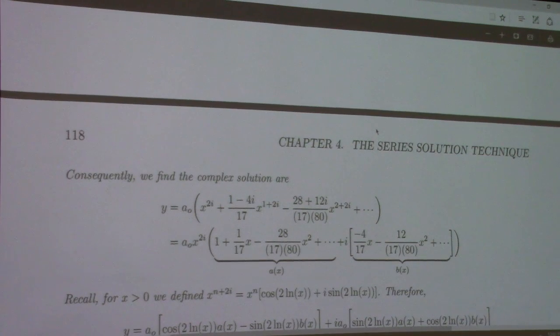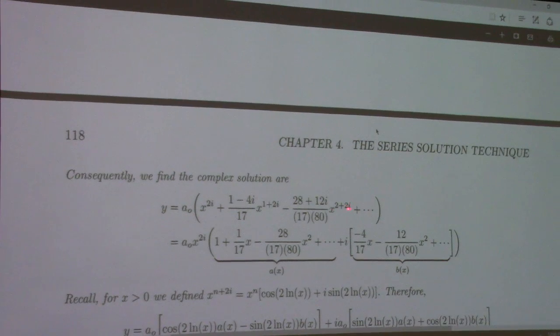And so what I do then is I bring out the x to the 2i out here, right? And so that puts a 1 from that. And this x becomes x times x to the 2i, so that puts an x here.